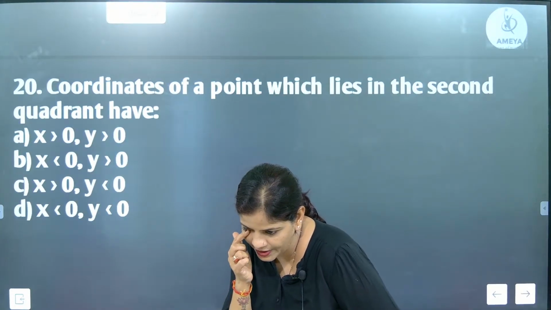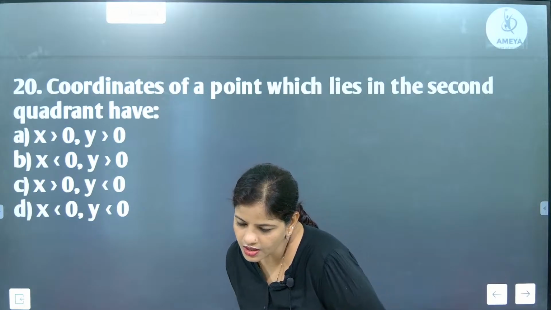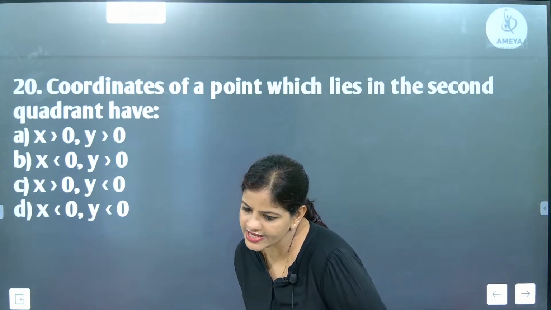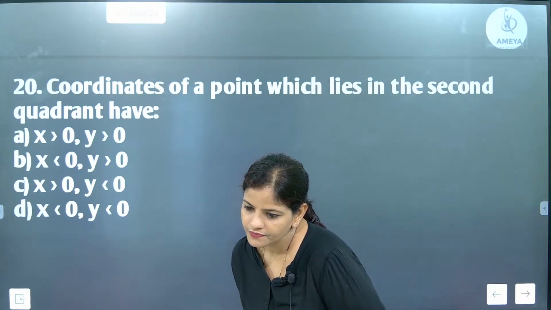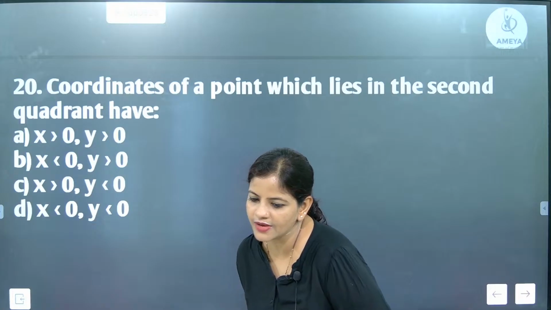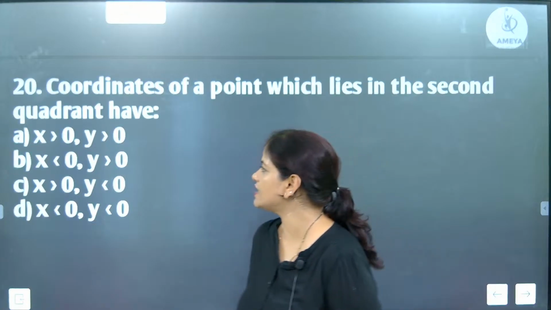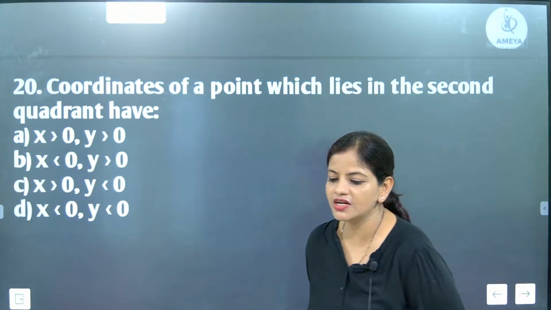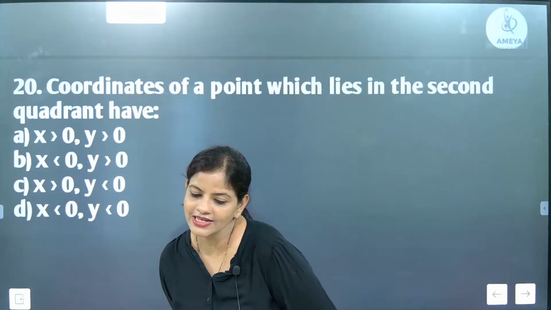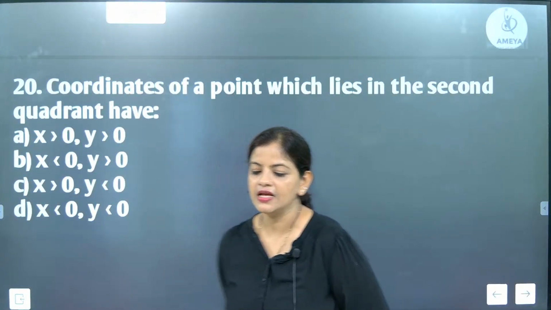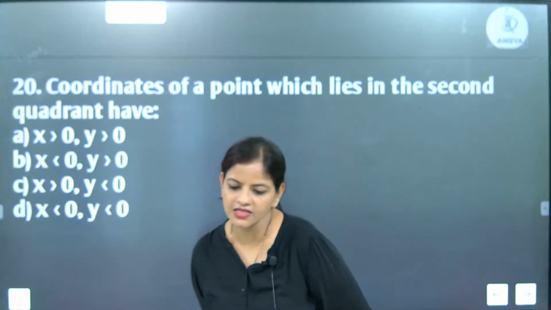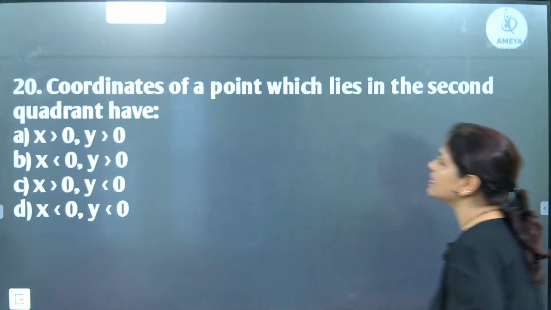Answer is B. Here, Athar, C. Online children are a little slow this time in giving answers. Here I got answer B. All offline children have given answer B. Online children have given answers B and C. And Tanisha has given answer D. Now let's see what is the correct answer, beta.